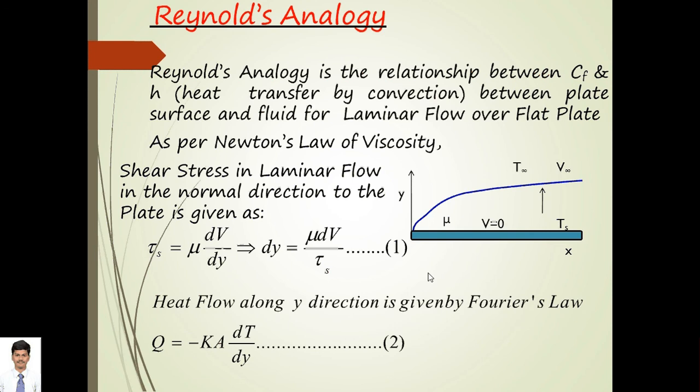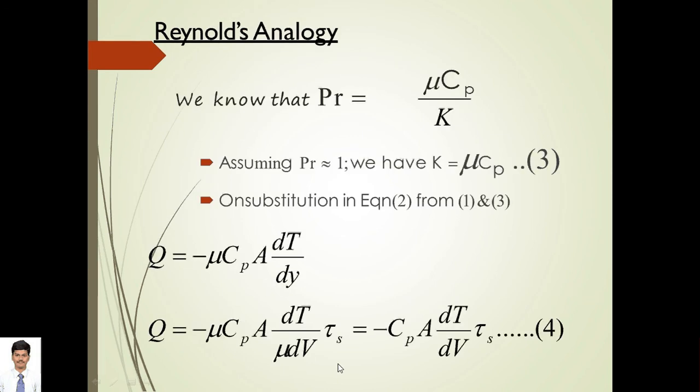Now heat flow along the y direction is given by Fourier's law. Q is equal to minus kA dT upon dy. Let's say it's equation number 2. Now from Reynolds analogy, Prandtl number is equal to mu Cp upon K. Assuming Prandtl number is equal to 1, we will get mu Cp is equal to K. Now on substitution in equations 2 and 3, we get Q is equal to minus mu Cp A dT upon dy.